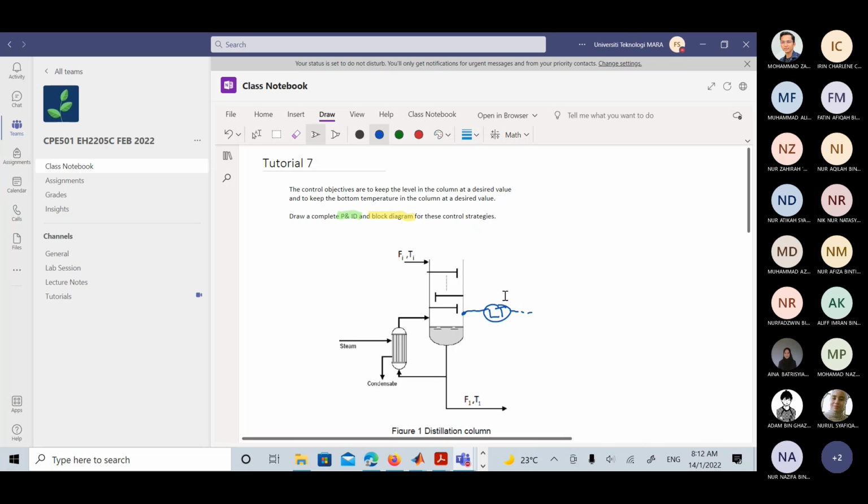So the level transmitter will transmit its signal to the level controller. What is the function of the level controller? It has received the signal from the transmitter, so what does it do?